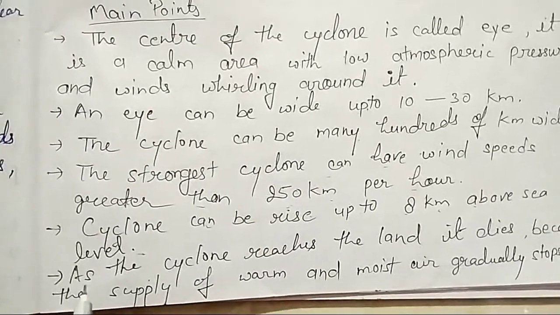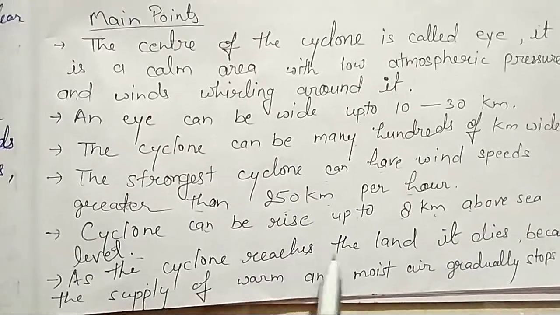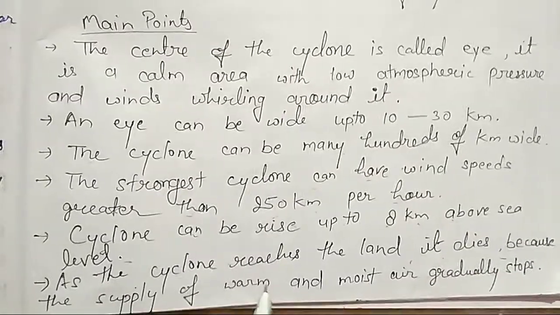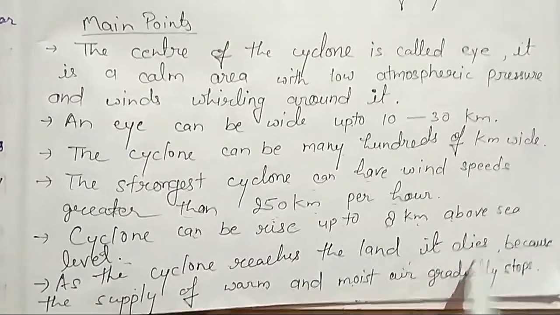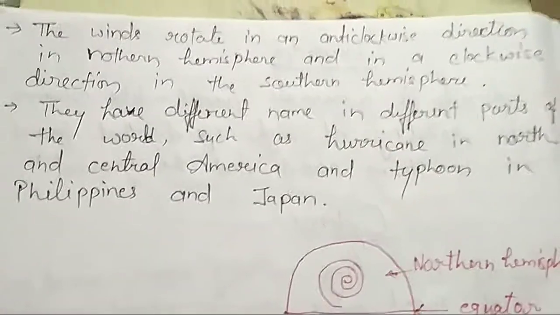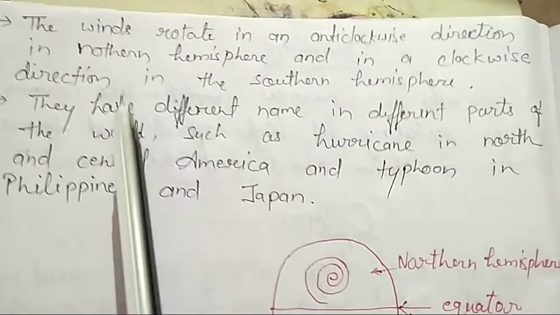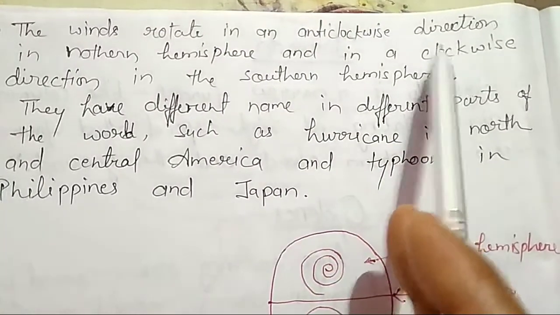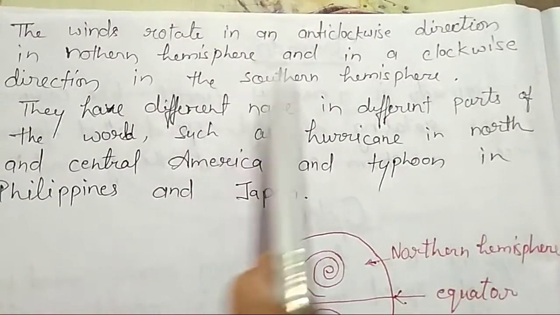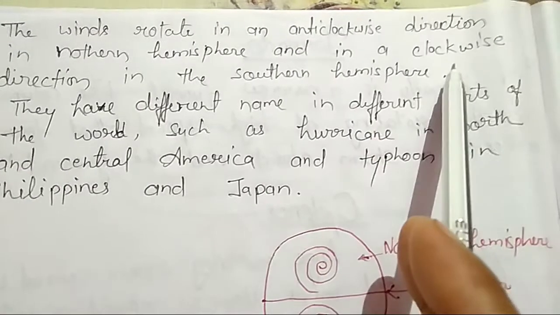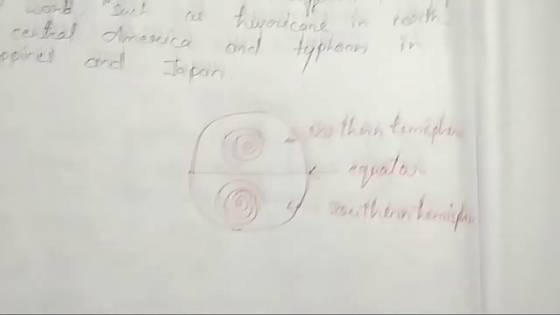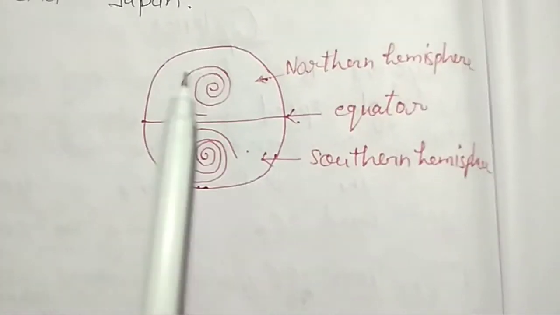Next one is, as the cyclone reaches the land, it dies because the supply of warm and moist air gradually stops. Next point is the winds rotate in an anti-clockwise direction in the northern hemisphere and in a clockwise direction in the southern hemisphere. So we will understand this statement with the help of this diagram.